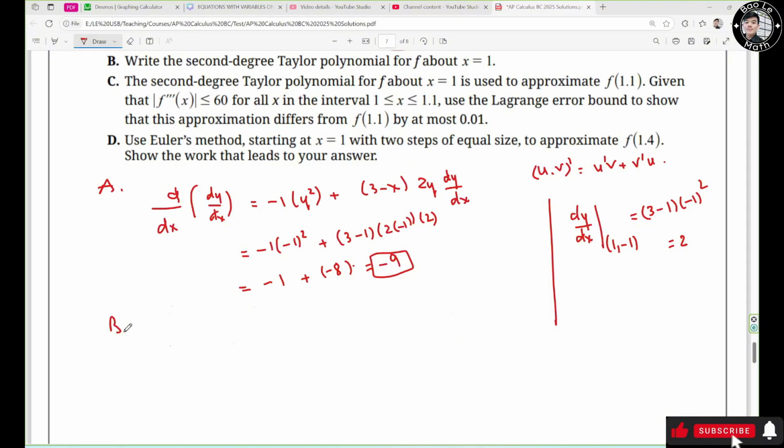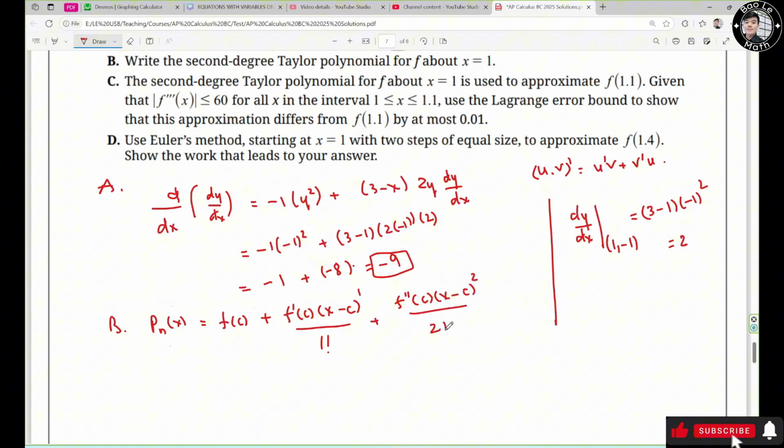We know that the Taylor polynomial expansion is given by the formula p n of s equals f of c plus f prime of c times s minus c to the power of 1 over 1 factorial, plus f double prime of c times s minus c squared over 2 factorial, plus etc., plus the nth derivative of f at c times s minus c to the power of n over n factorial, where s equals c is the center. In this situation, c equals 1.